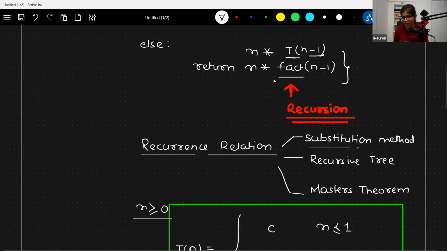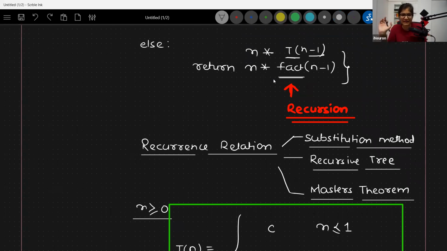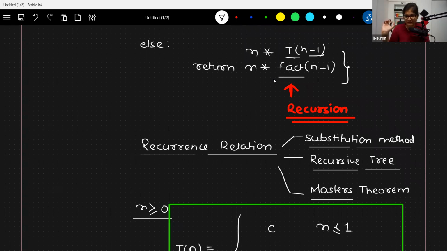First we will talk about this, then using the recursive tree method, then using Master's theorem. Then in our upcoming classes, when I give you any recurrence relation, you will automatically help me understand the time complexity required for it.